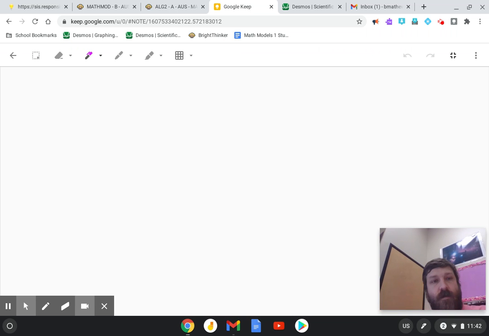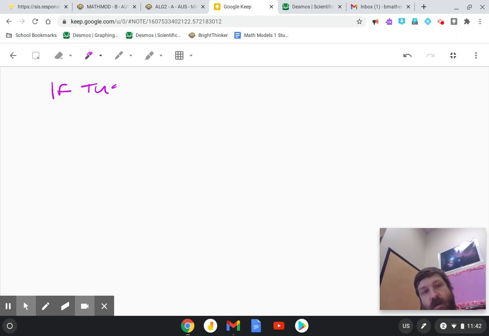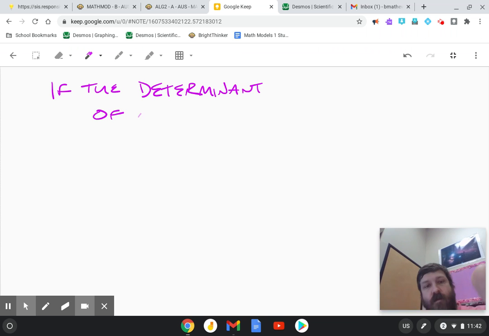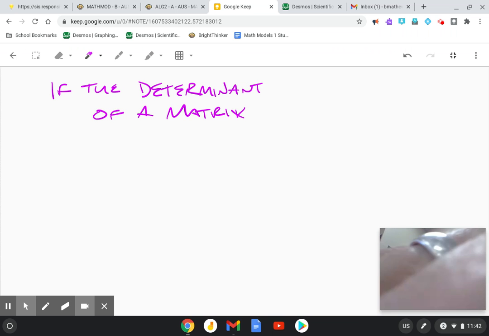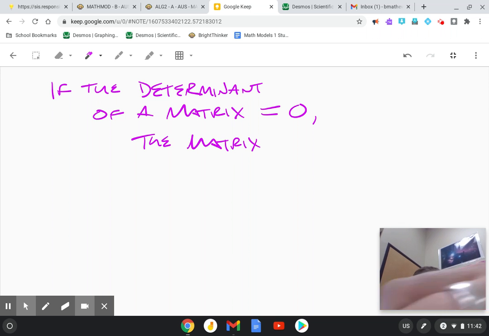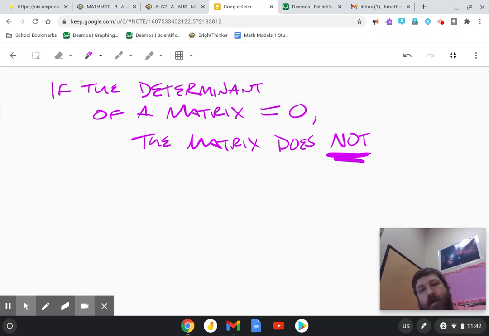So I'll write that down here. If the determinant of a matrix equals 0, the matrix does not have an inverse.